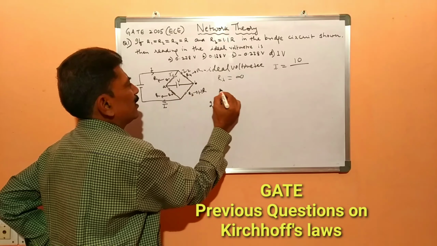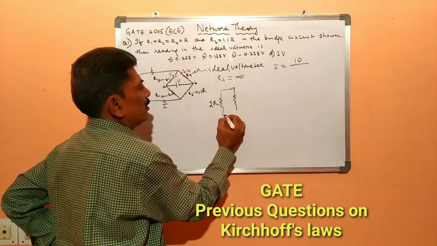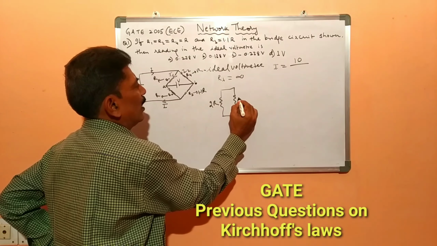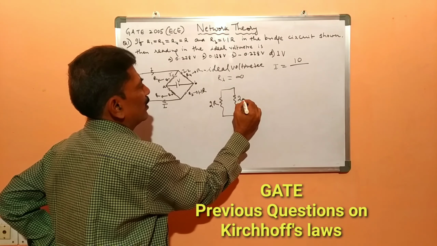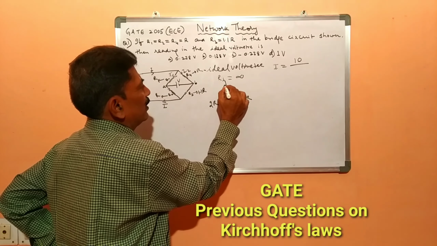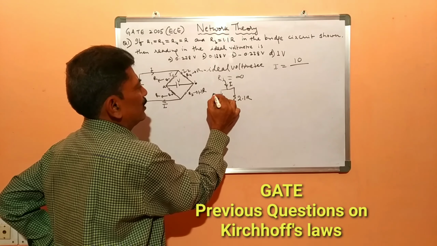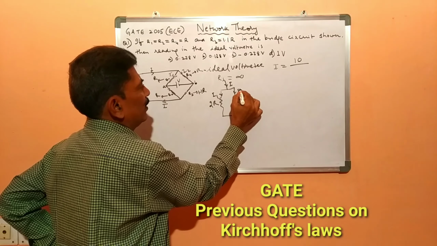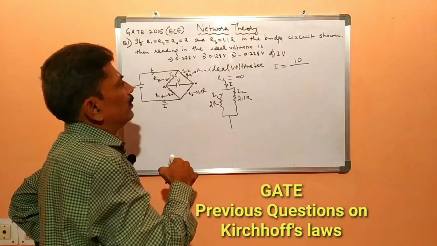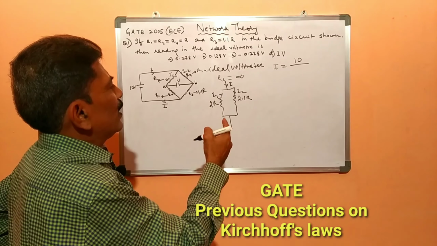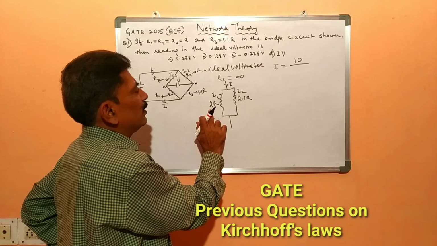So this parallel circuit can be reduced to a circuit like this: 2R and 2.1 R. This is the supply current split into I1 and I2. So what is the total resistance now?